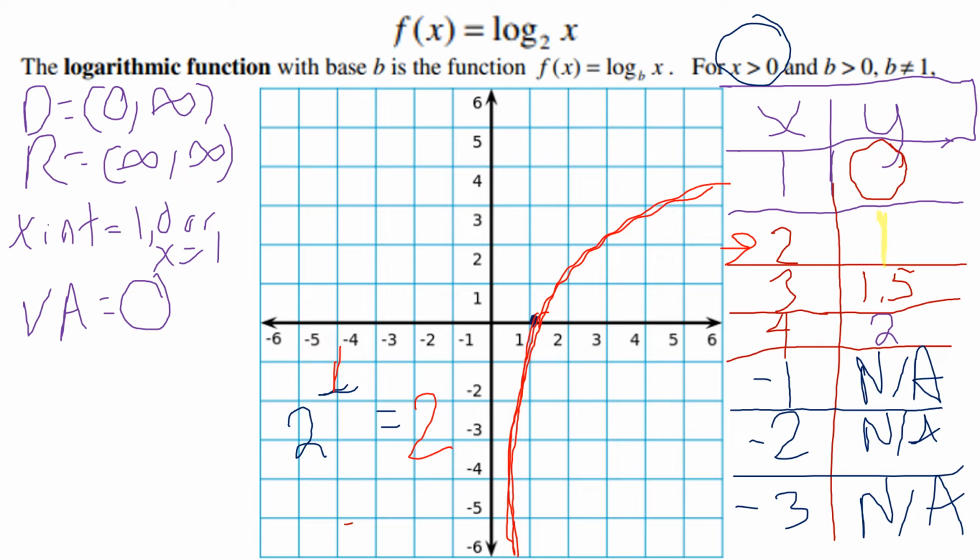There. Something like that. And you know that it gets close to 0 but never touches, because as you keep going, it's going to become undefined. So it's never going to touch 0. That's why we can see the vertical asymptote is 0.